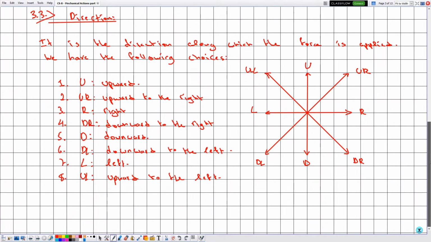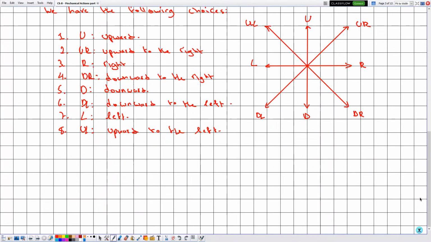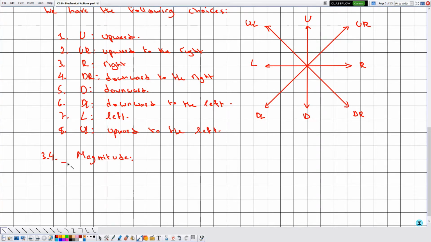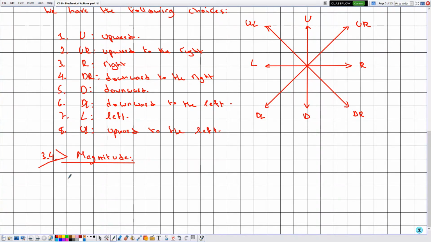And now the final property, which is essential also to describe a vector, which is a force, the magnitude. Then let me write subsection 3.4, the magnitude. This is N. So what does the magnitude represent?